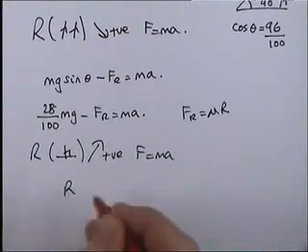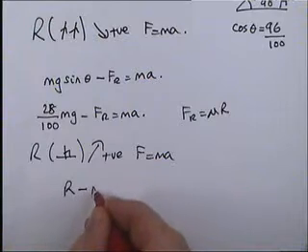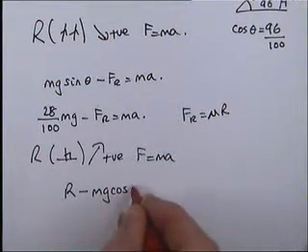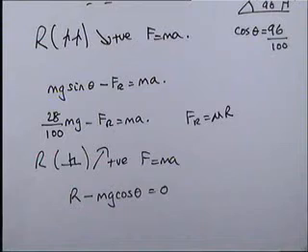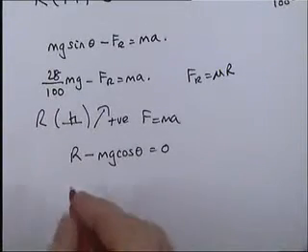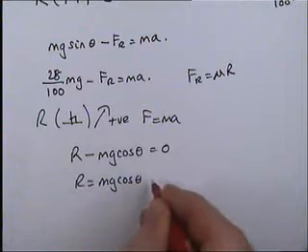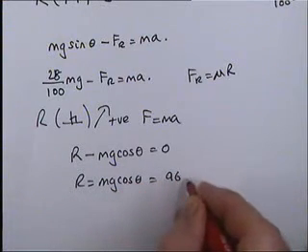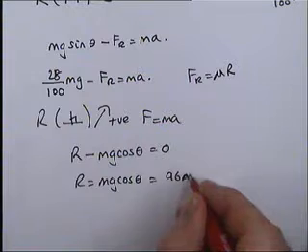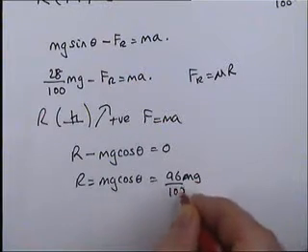Okay, so we've got R minus mg cos theta equals 0. So R equals mg cos theta, or 96 mg over 100.